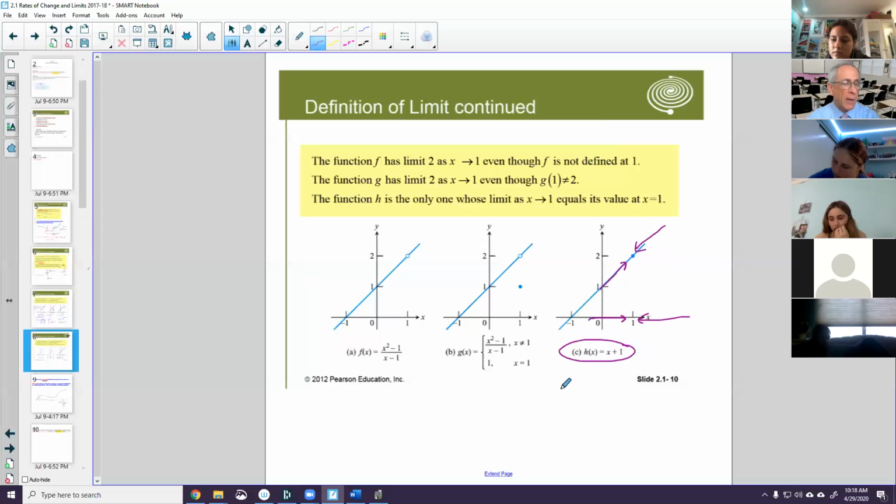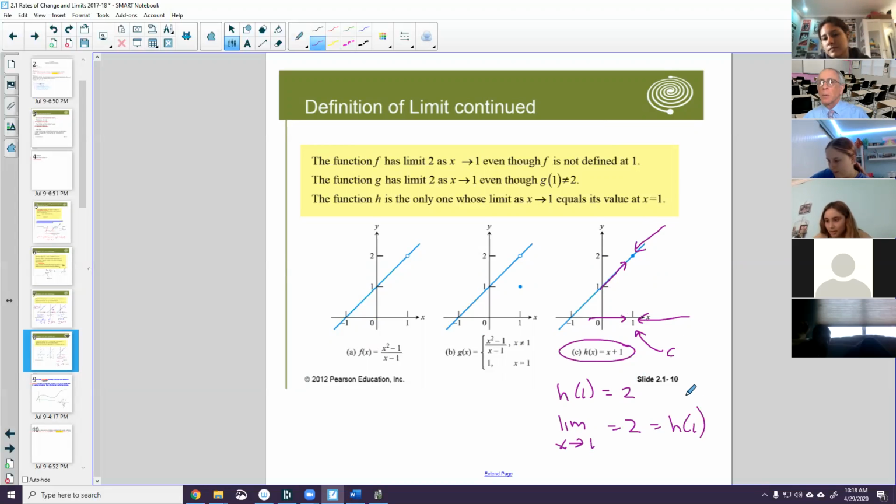And we also found out that h of 1, which is like our c, is equal to 2, but also the limit as x approached 1 was equal to 2, which was equal to h of 1.